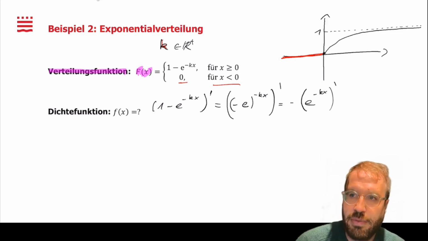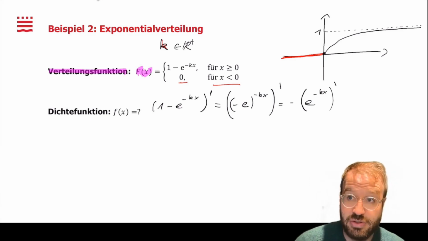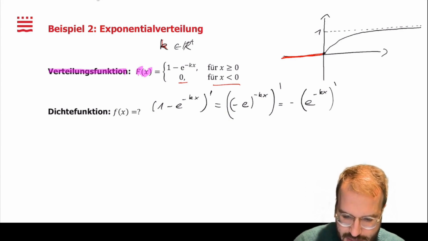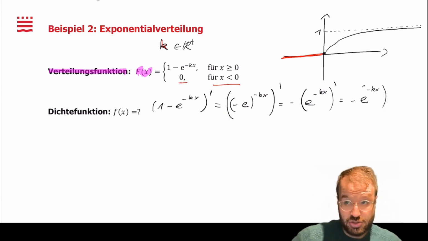And perhaps you still remember how to do that. You need to apply the derivative rule for chain functions, meaning for the chaining of functions. First, you differentiate the e function, which is again e. And then you need to multiply by the derivative of the inner function.